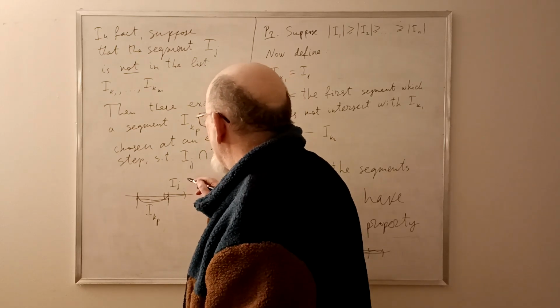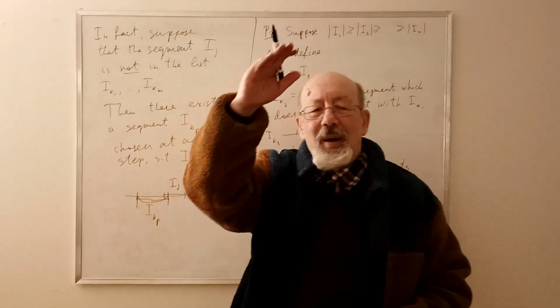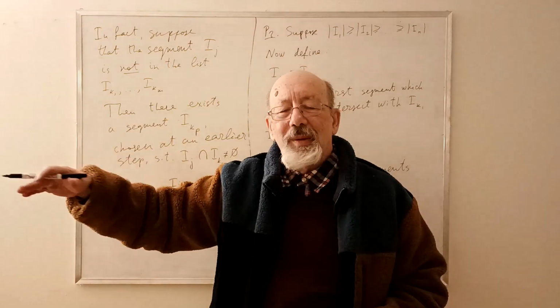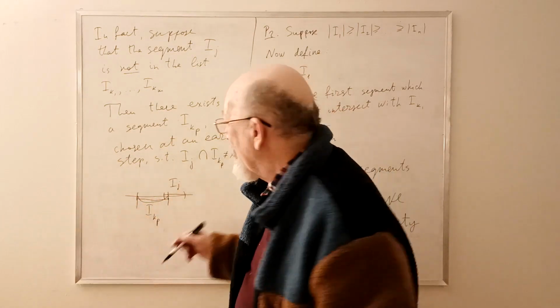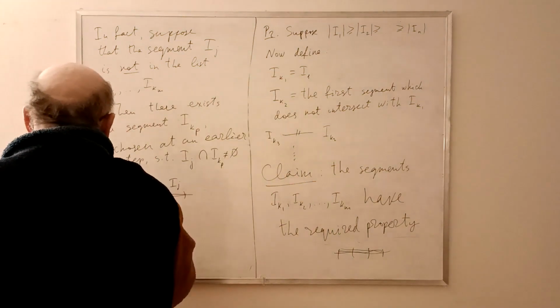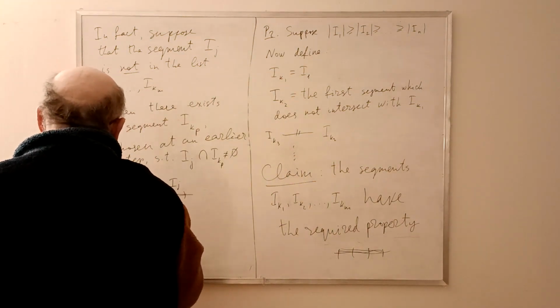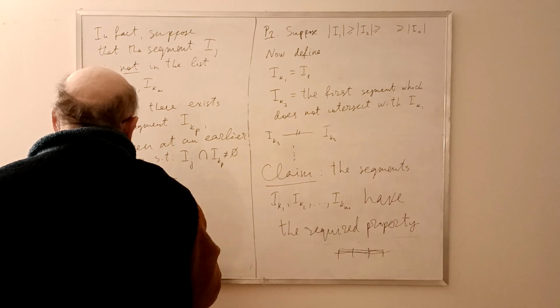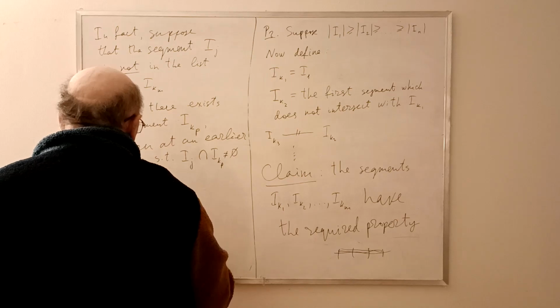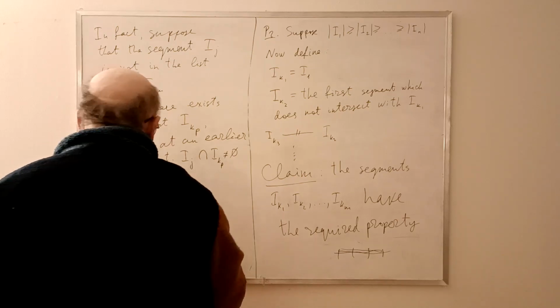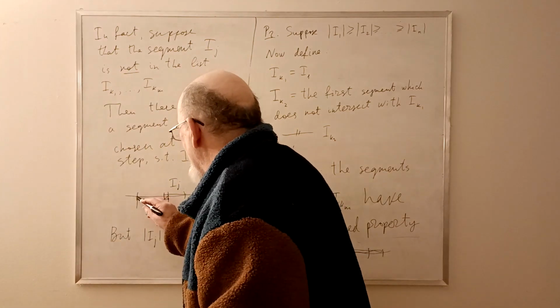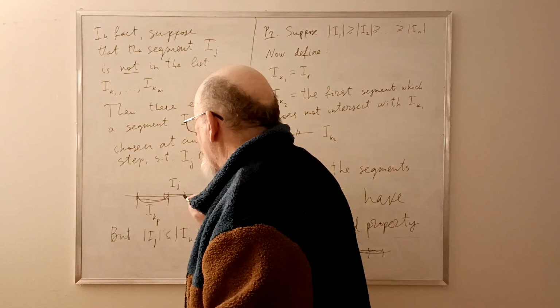But we arranged our segments in decreasing order of length. So the length of Ij is less or equal than the length of I KP, and I KP is longer.